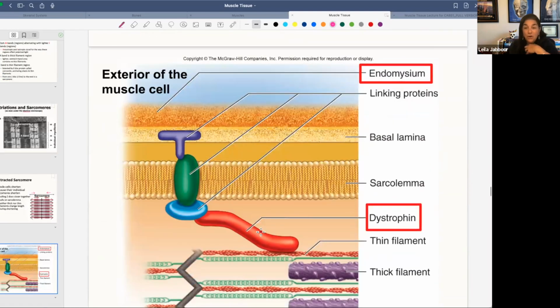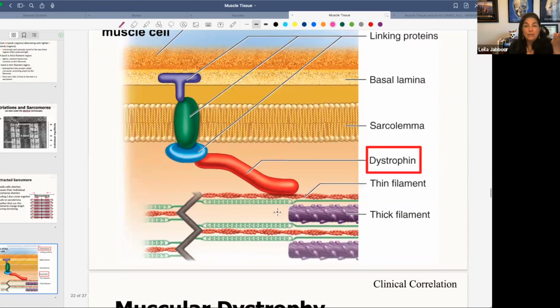So how is the sarcolemma being moved? This is the filaments dancing inside the cell. How is it that the whole cell actually shrinks? It's because the filaments are sliding and the sarcomeres are narrowing, all of this inside. At the edge of this whole thing, we have molecules that attach all of these contractile proteins to the edge of the cell.